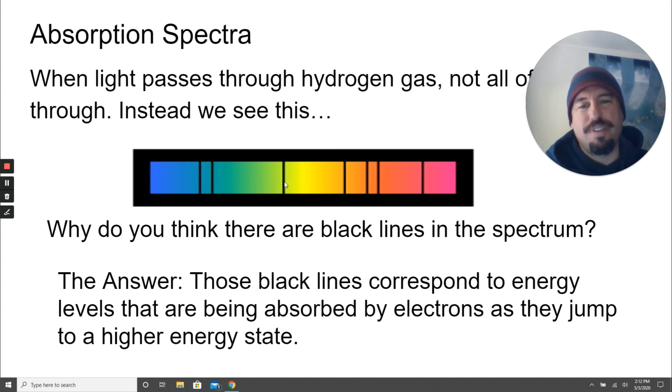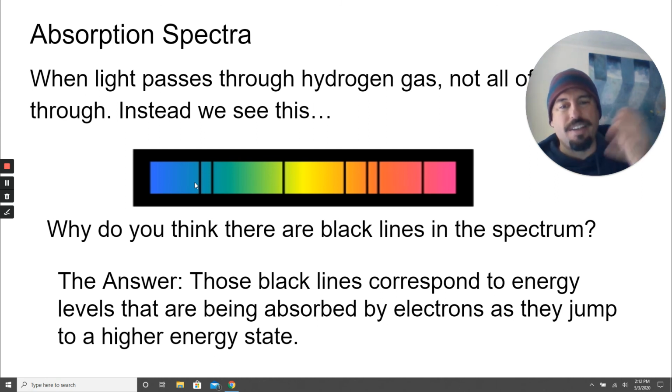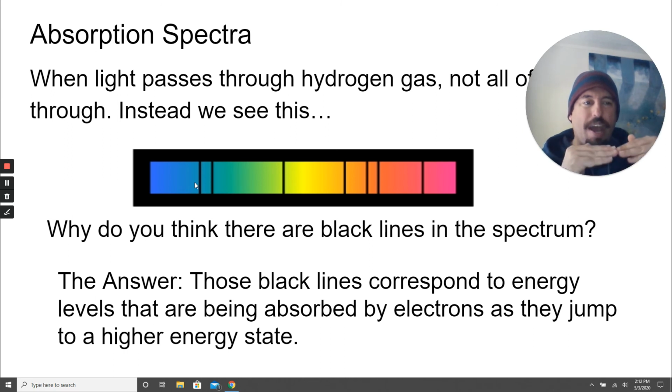Each of these lines represents where the electrons are absorbing that photon, because remember, photons are light. So the energy is just passing through the gas, but those exact spots, those exact steps where it can step up, it's absorbing that photon. That photon no longer exists, because it's exciting that electron, and that's why we're getting these black marks.